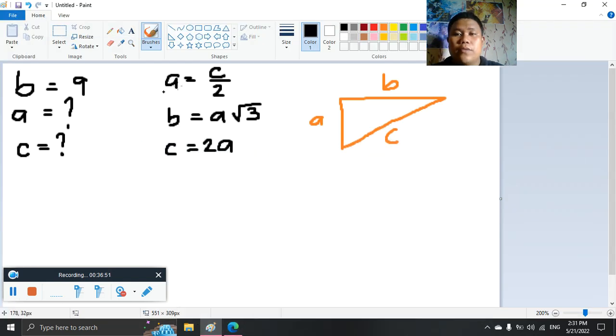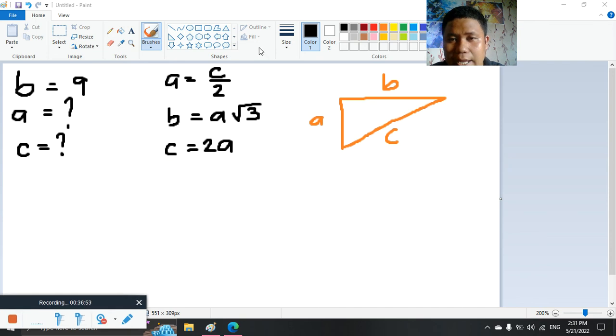Okay. A equals C over 2, or C divided by 2. So the measurement of C divided by 2 gives the measure of A. The measure of B equals the measurement of A times the square root of 3. And lastly, the measure of C equals twice the measurement of A, or 2 times the measurement of A. So, we're going to find A and C. How are we going to solve for this?